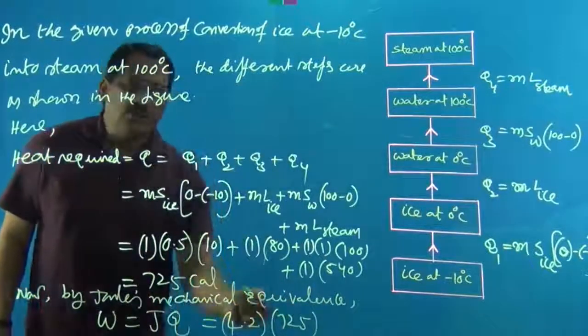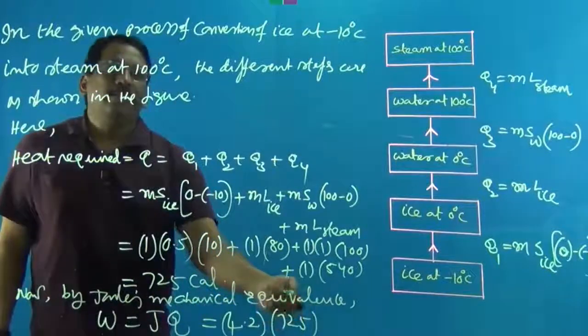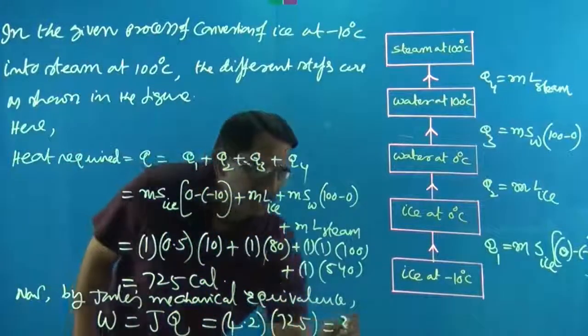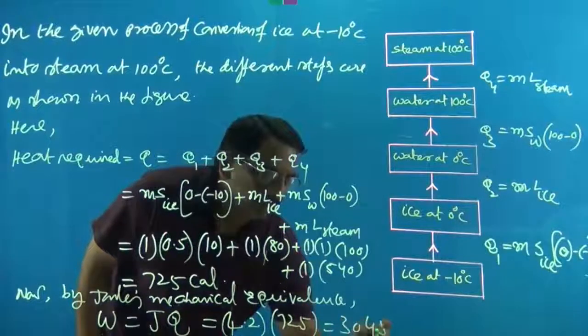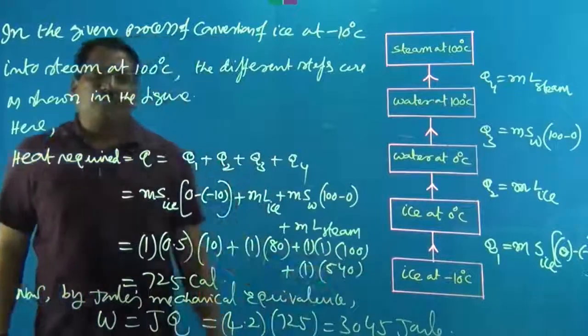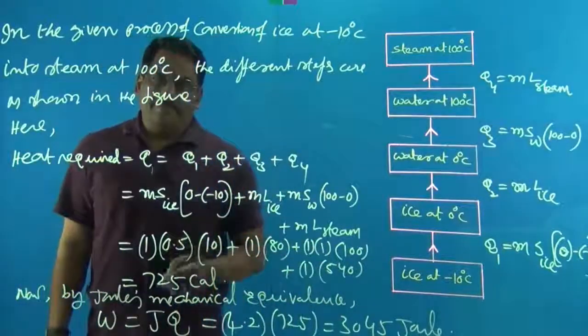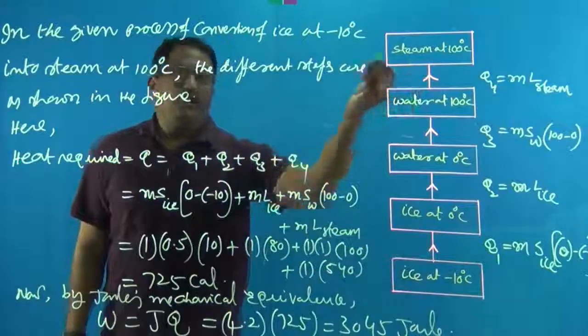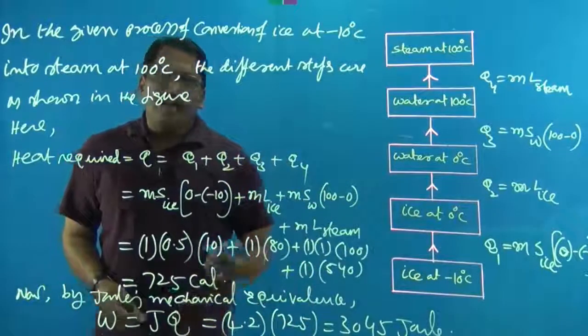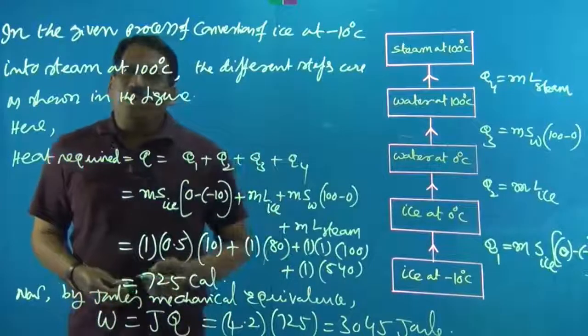You see, this is joule per calorie and this is in calorie unit, so it remains in joules, and that value is 3045 joules. So the work done in this process of conversion of 1 gram of ice at minus 10 degrees centigrade to steam at 100 degrees centigrade is 3045 joules, and hence option 1 is our correct answer.